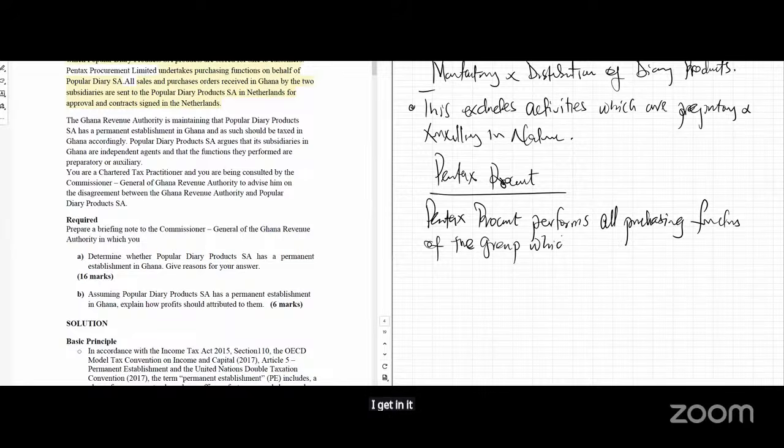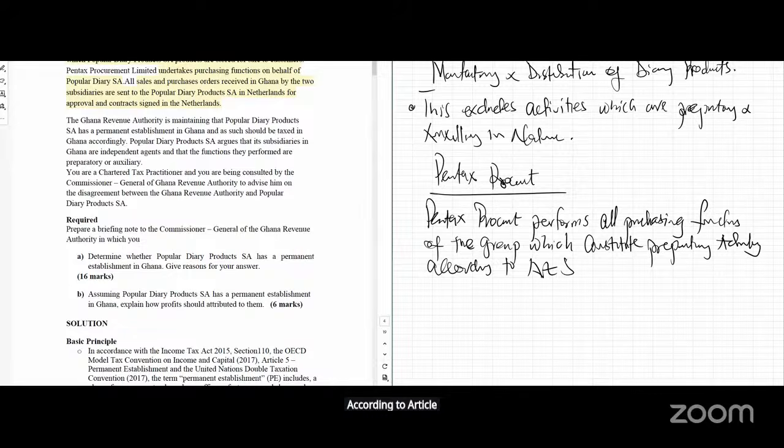Of the group, which constitutes a preparatory activity, right? According to Article 5(4).